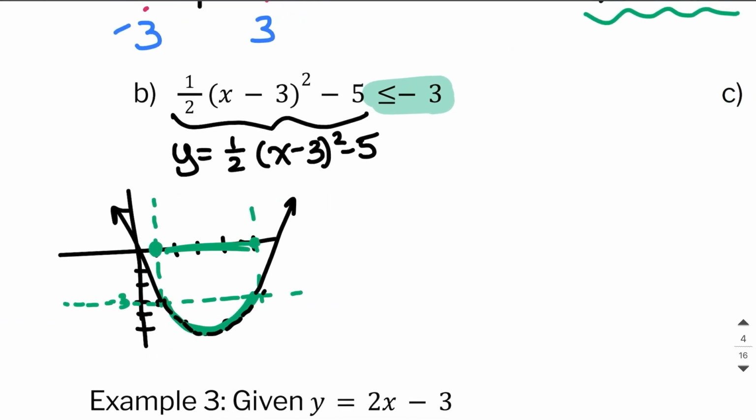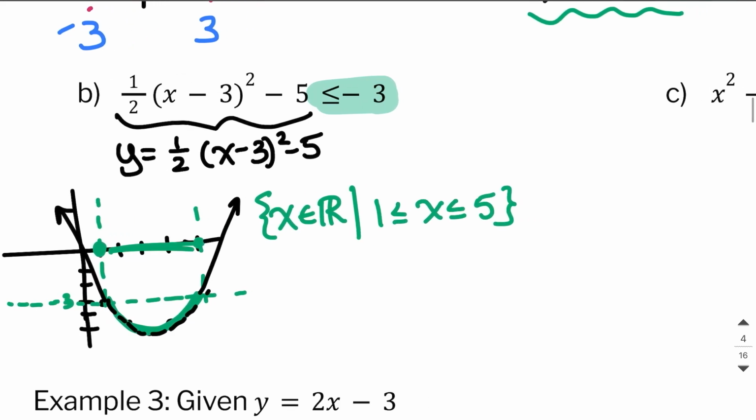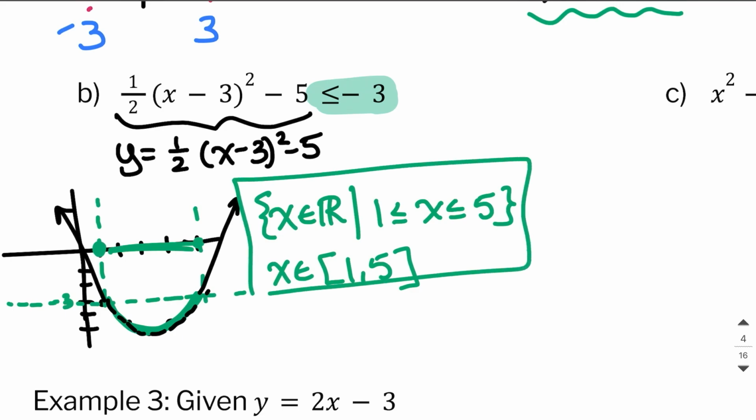Okay, so right here we can say that x is an element of the reals such that between 1 and 5. Okay, and then if we were to write this in set notation, x is an element of 1 to 5. Okay.